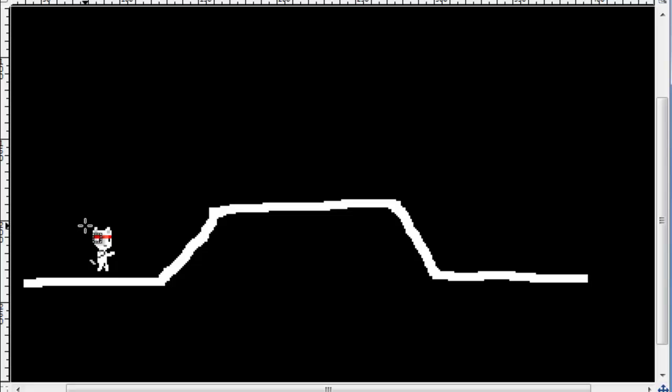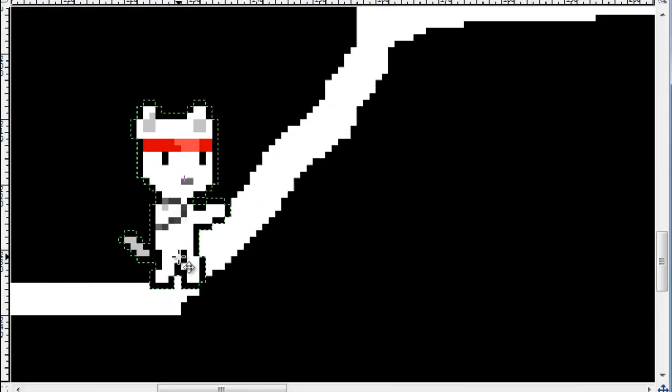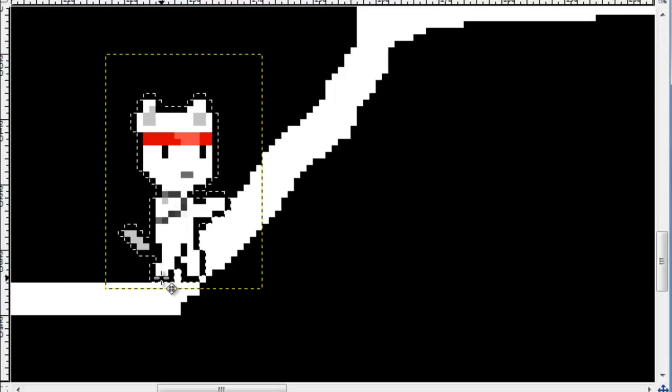So let's take a look at what's going to happen. Our cat falls down and he's on a platform. Now when he starts moving right, the platform doesn't end until over here, and by this time we've already passed the slope and we didn't detect it.